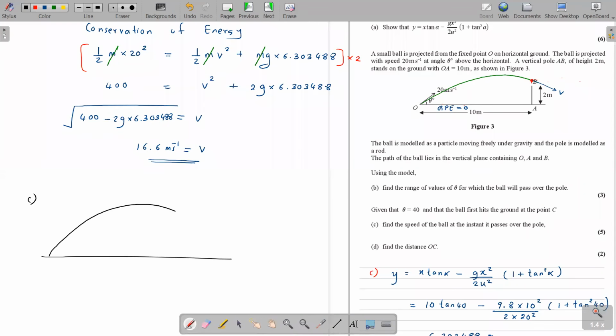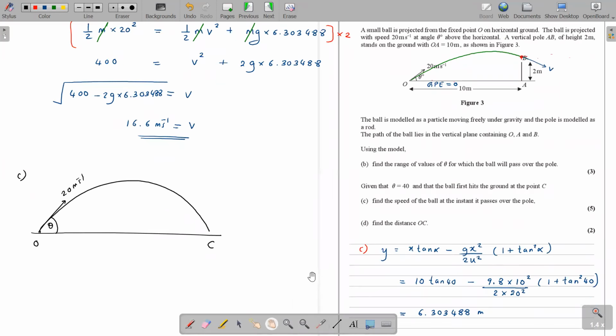So you project the particle, it passes over the wall. This is point O. C is the place where you hit the ground. So starting speed 20, the theta. So what happens when you hit the ground? I think we can still use the equation. y equals x tan alpha minus gx squared over 2u squared times 1 plus tan squared alpha.